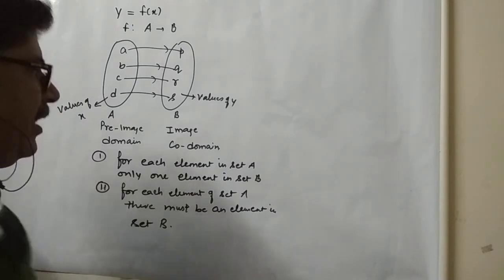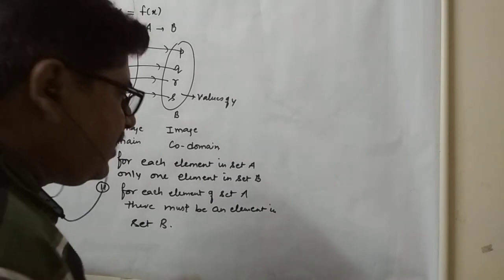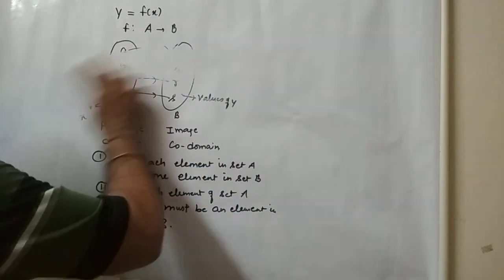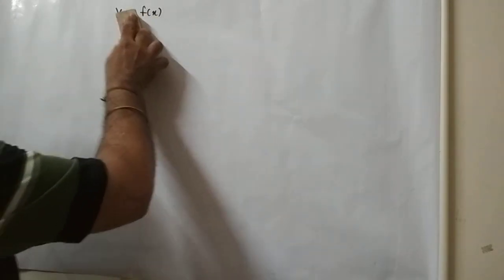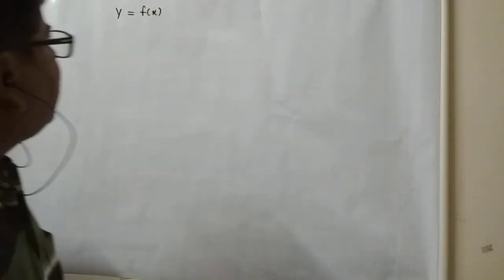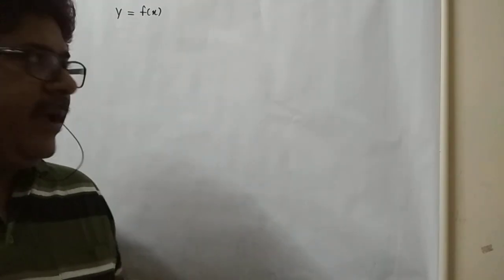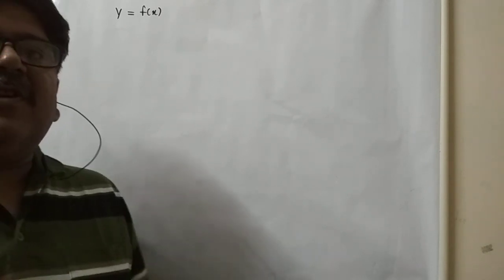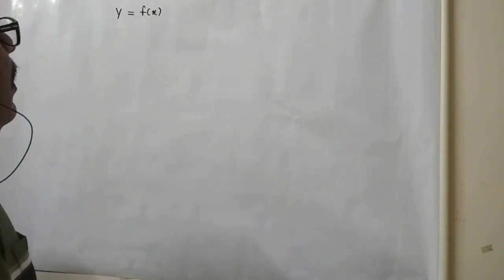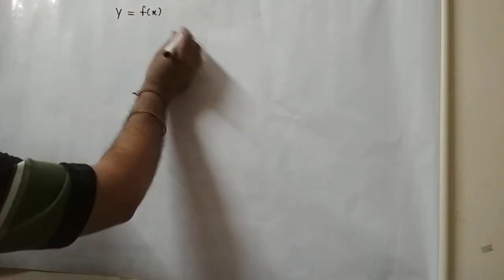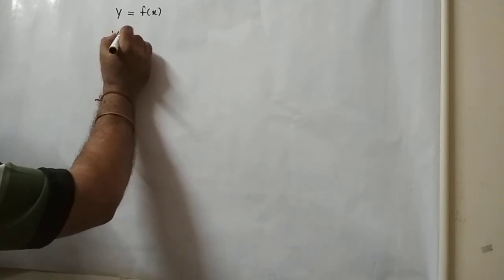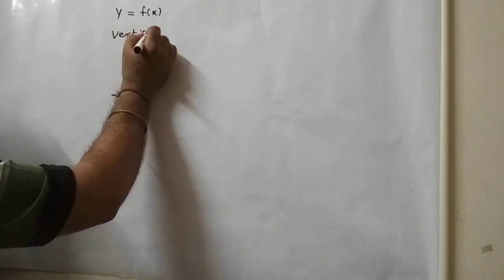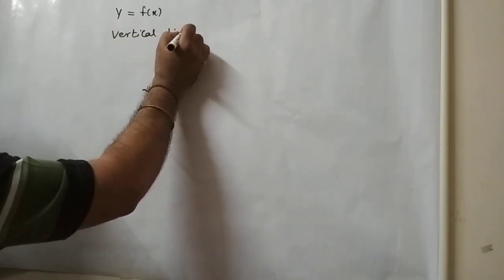Now we define graphically the condition. How do we define a relation as a function? Now consider this as a relation. Okay. We don't know whether it is a function or not. So consider it as a relation. This graphical test is called vertical line test.